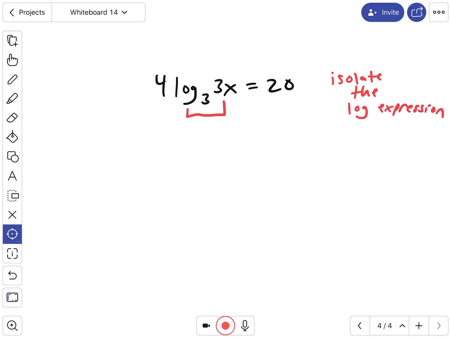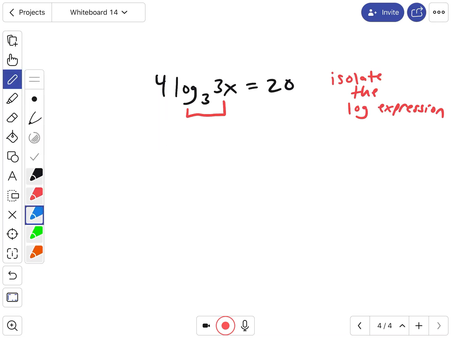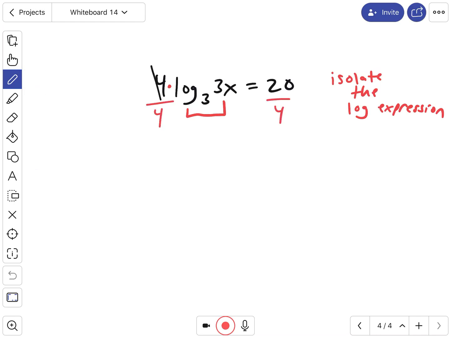Because a log only has the number that's the base and then the number that the log is applying to. So we got to get rid of this 4. In order to get rid of that 4, well, the 4 is multiplying, so we're going to go ahead and divide it. And so now we have this log base 3 of 3 to the x by itself. 20 divided by 4 is 5.